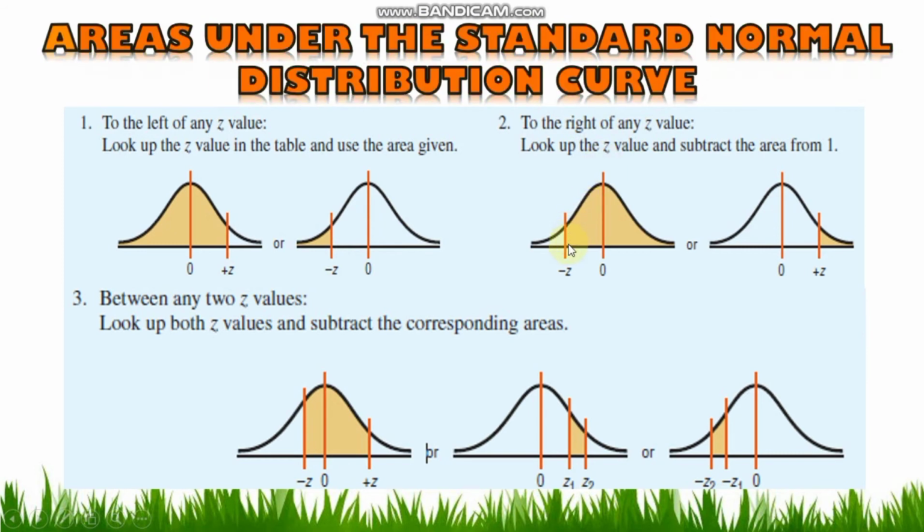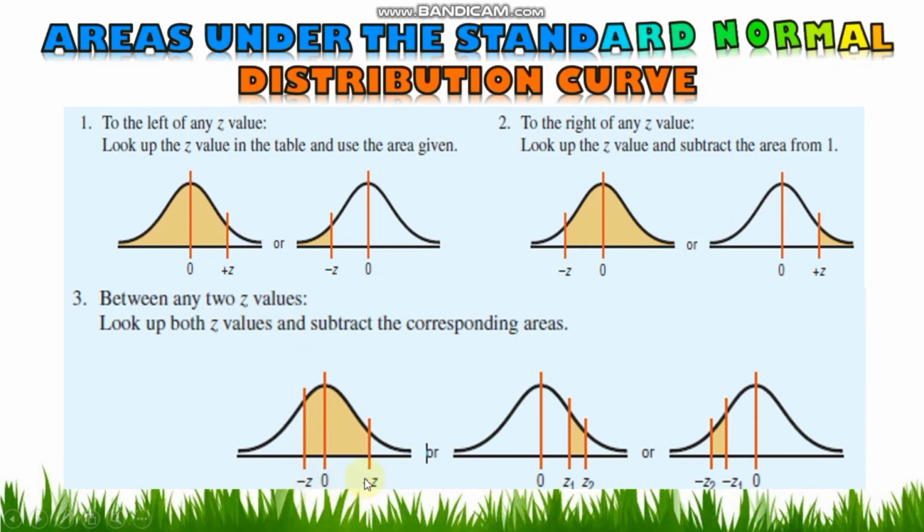Same goes with right. To the right of any z-value, meaning if you have a negative z-value and you are looking for the area to its right, ito yung shaded portion. And if it is a positive z-value ang given, and you are looking for the area to its right, ito naman yung shaded part. If it is between any two z-values, ganito magiging itsura.